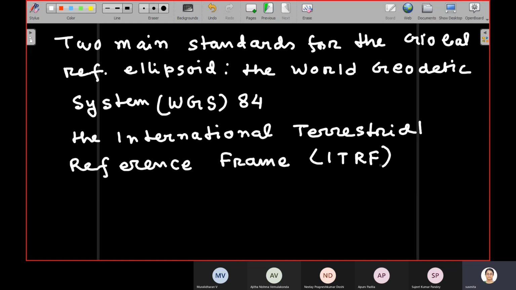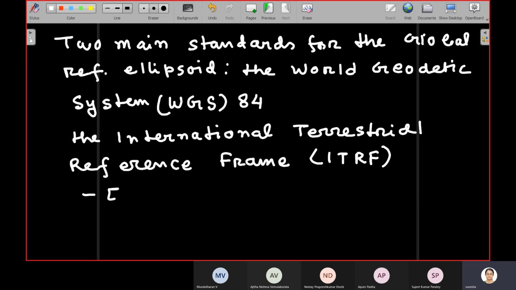Both the standards have their origin at the Earth center of mass. So the ellipsoid center is at the Earth center of mass, okay, and they define the Earth rotation using the IRS reference point.